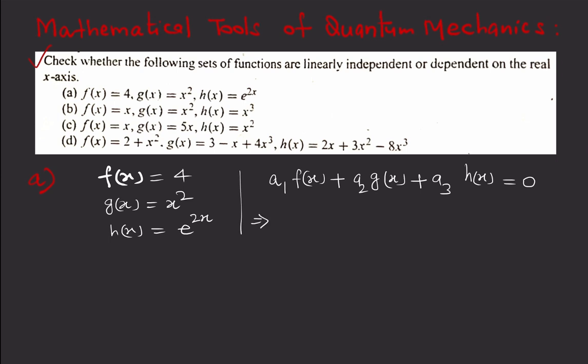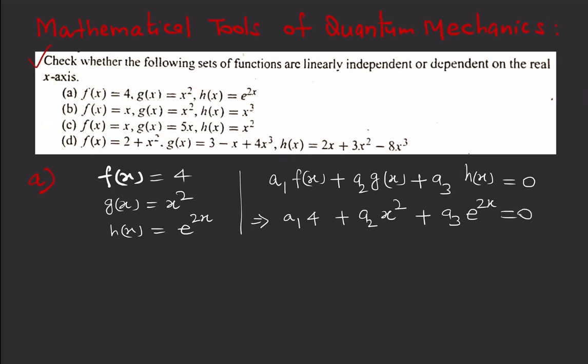Now substituting the values of f(x), g(x) and h(x), we get a1 into 4 plus a2 into x square plus a3 into e to the power 2x is equal to 0.